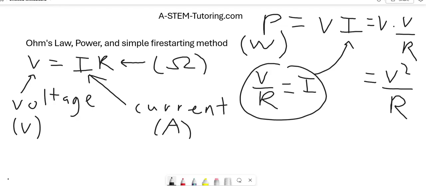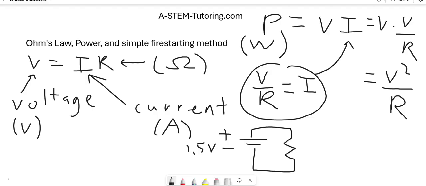So let me show you a simple circuit. Here's a battery, plus and minus terminals, and a resistor. Let's say the battery is 1.5 volts, which is typical for AA batteries and AAA batteries, also C cells and D cells. And let's say we have a 1 kilo ohm resistor, 1000 ohms.